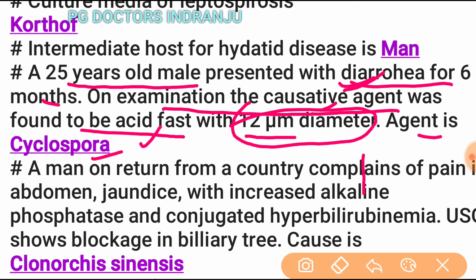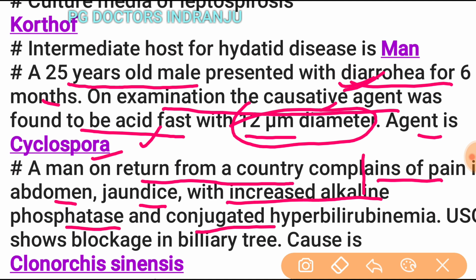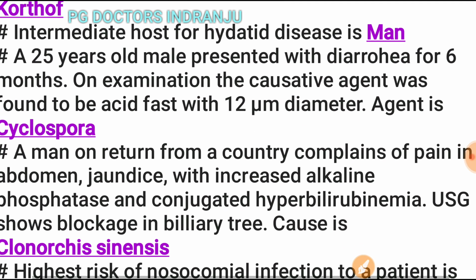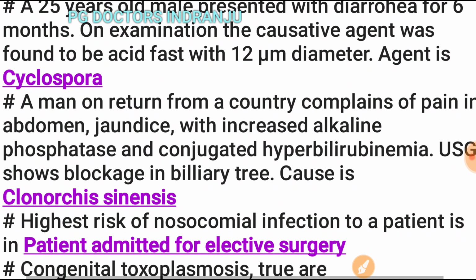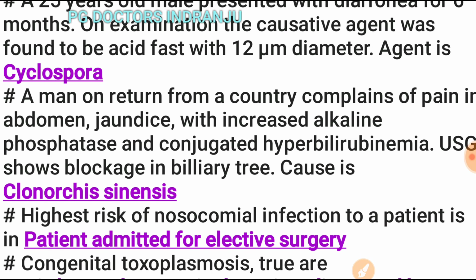A man on return from a country complained of pain in abdomen, jaundice, with increased alkaline phosphatase and conjugated hyperbilirubinemia, and USG showed blockage in the biliary tree. The cause is Clonorchis sinensis, the most common organism that blocks the biliary tree.